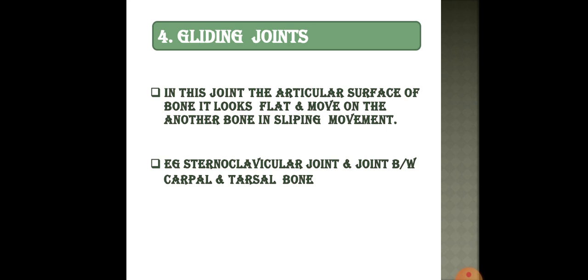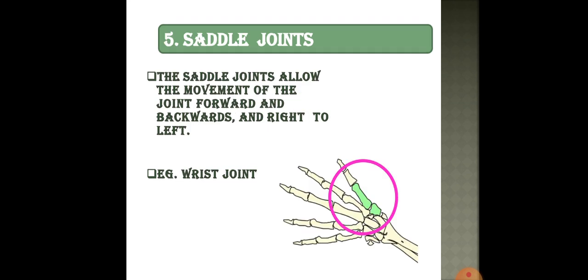Example, sternoclavicular joint and joints of the carpal and tarsal bones. Saddle joint: the saddle joint allows movement forward and backward and right to left. Example, wrist joint.